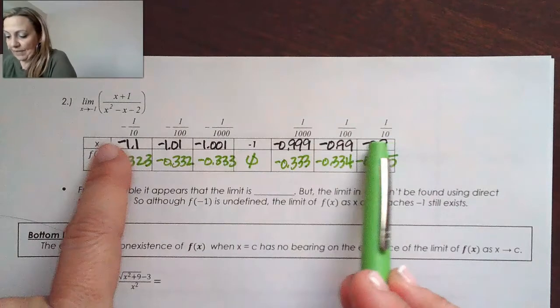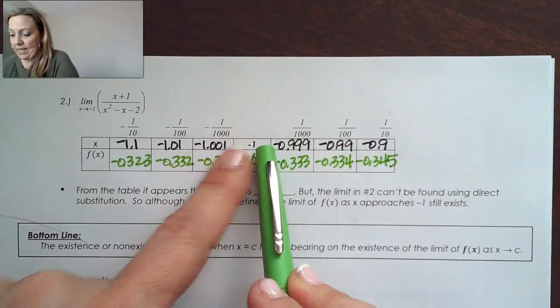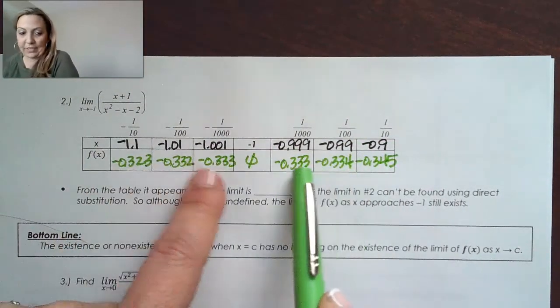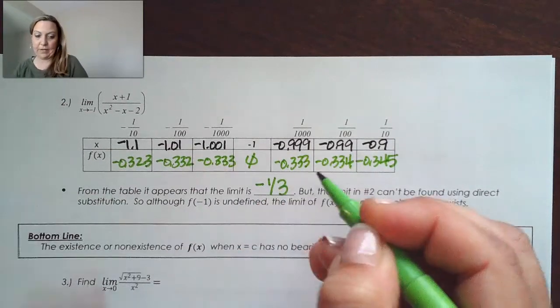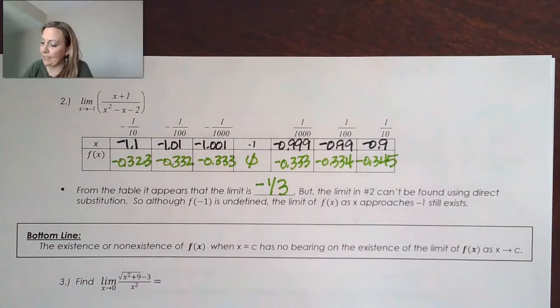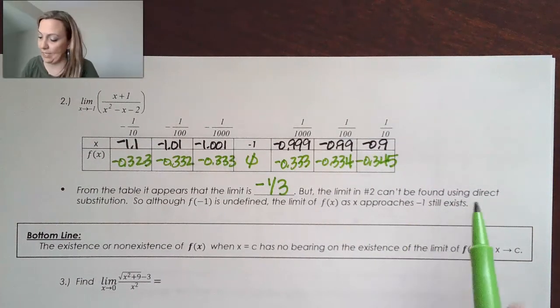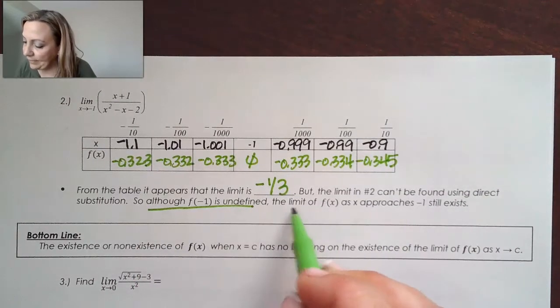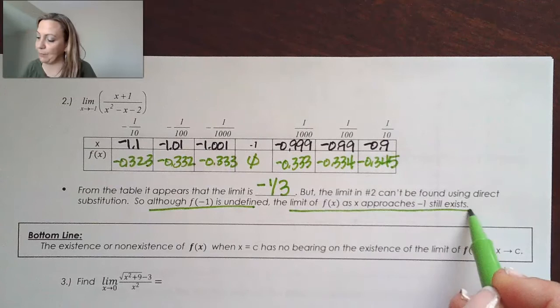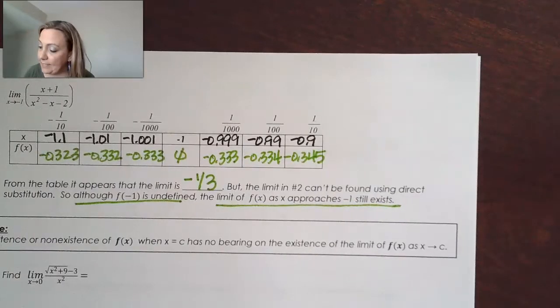Notice that as our x values are approaching negative 1, it looks like our y values are getting closer and closer to negative 1/3. But notice the limit in number 2 can't be found using direct substitution. Even though f of negative 1 is undefined, the limit of f of x as x approaches negative 1 still exists.